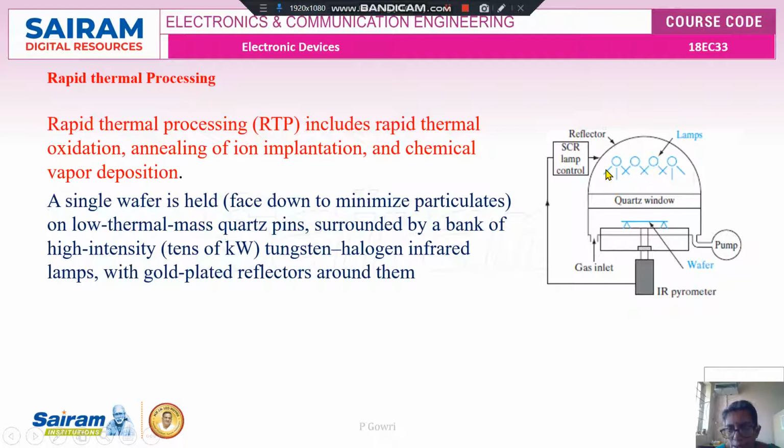So these high intensity tungsten halogen infrared lamps will be glowing, and suddenly there will be an increase in the temperature. Because of this increase in temperature, the chemical process happens, and hence the oxidation or whatever process it is can take place. And this pyrometer is a device which I use to measure the temperature.